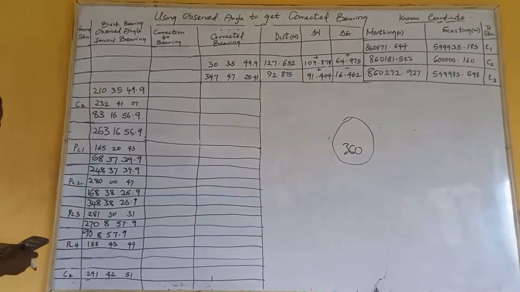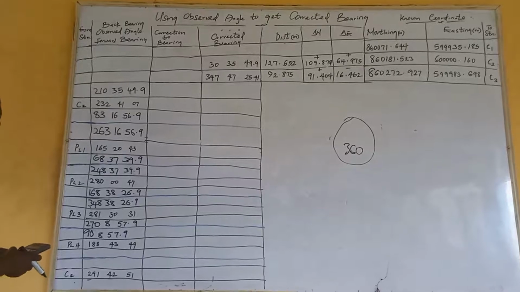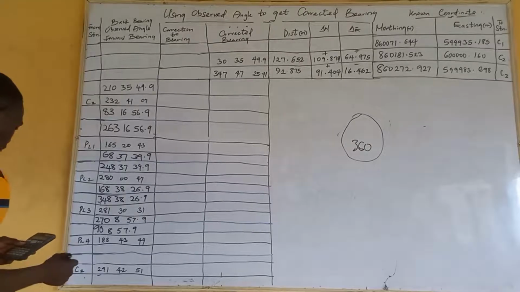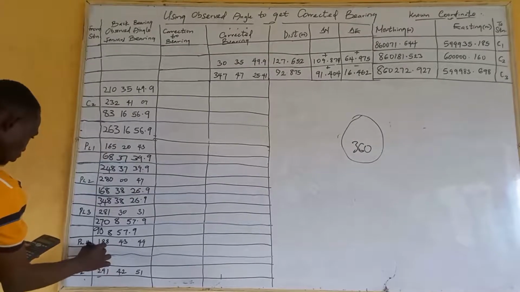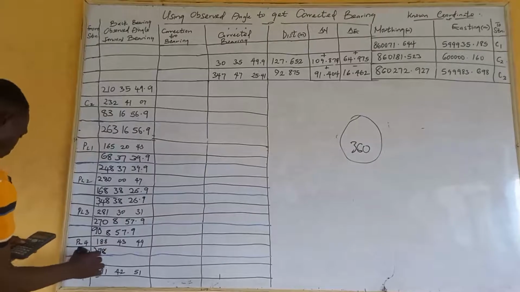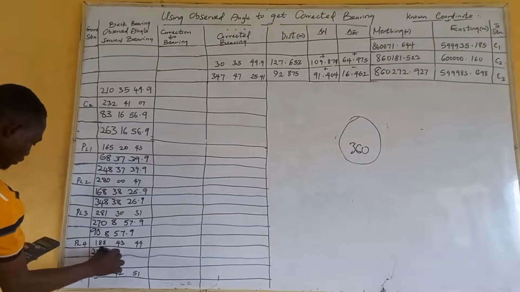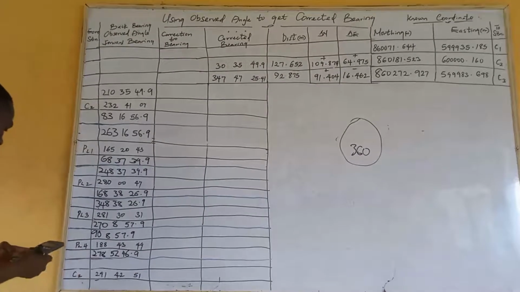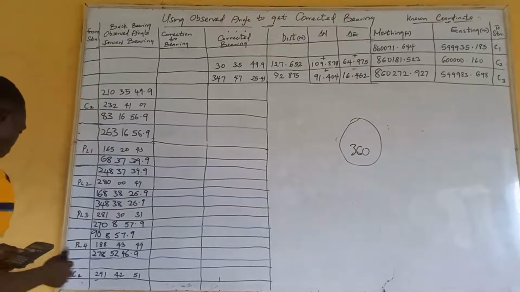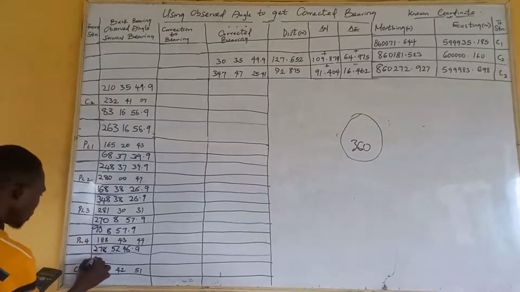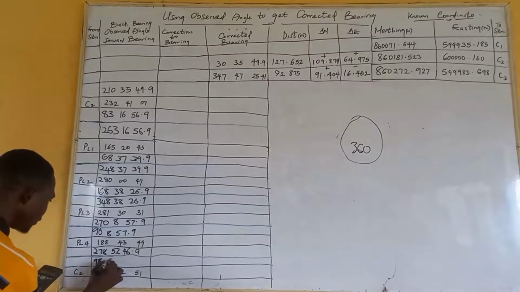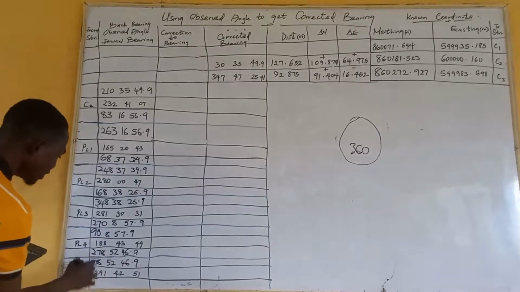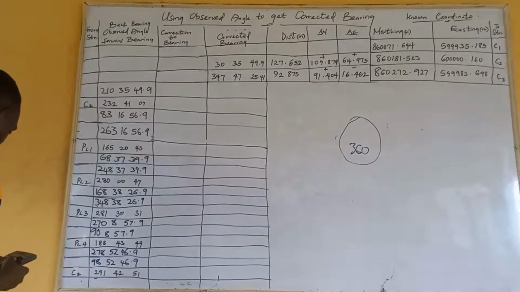So you add these two together, plus 188 degrees 43 minutes 49 seconds, it is going to give us 278 degrees 52 minutes 46.9 seconds. Minus 180, we have 98 degrees 52 minutes 46.9 seconds.